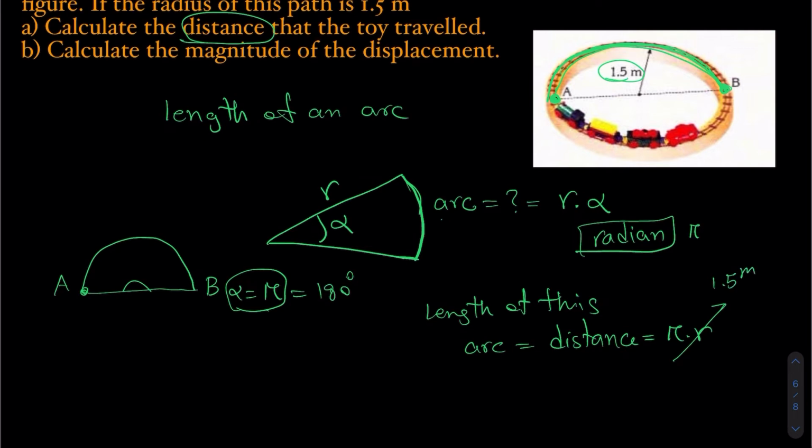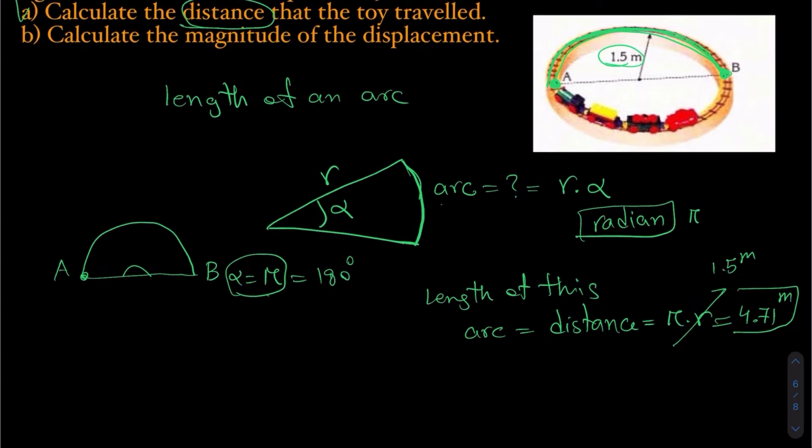So if I multiply 1.5 by 3.14, I will get something around 4.71 meters. So this is my distance. So part A is the distance that this toy has traveled. Part A is done.